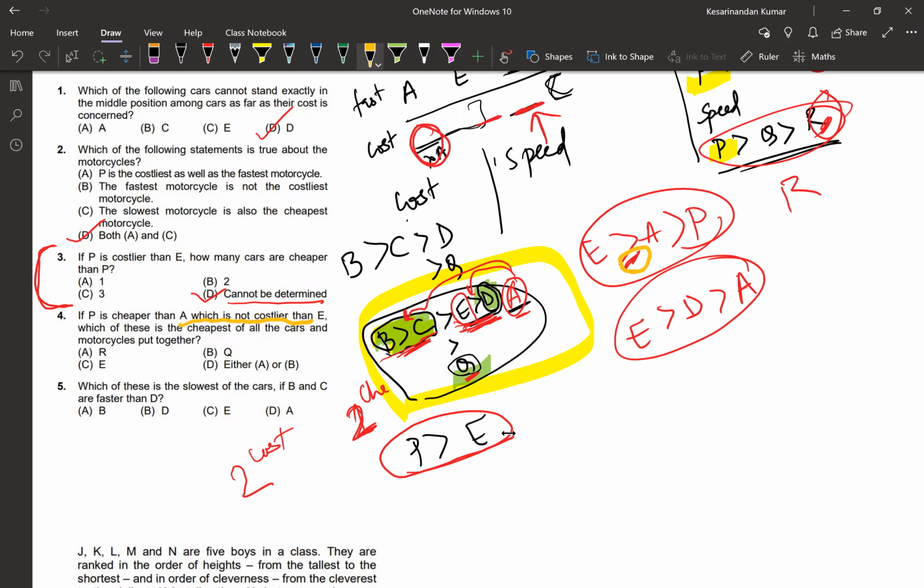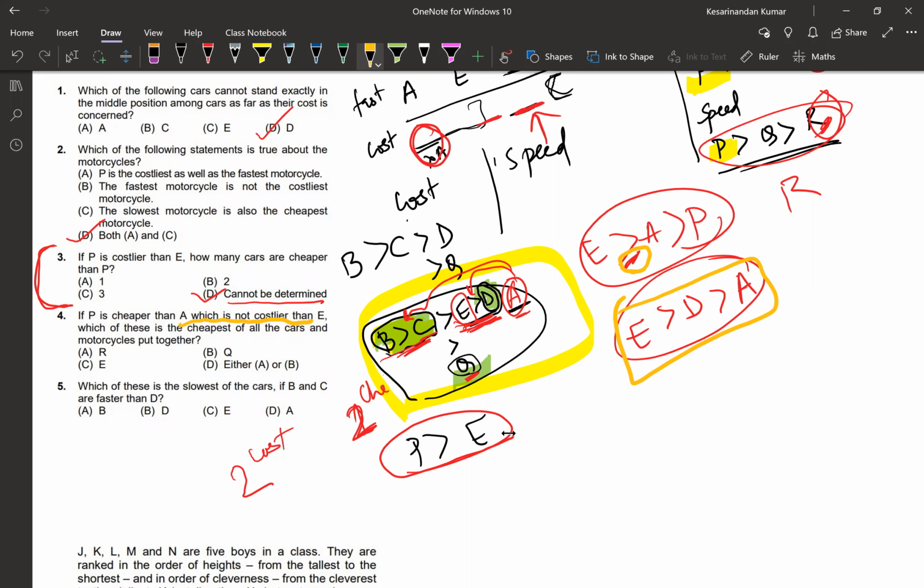If it was clearly mentioned A is cheaper than E, what you said was quite correct. This order completely made sense then. E will be costlier than D, and since there is no one present between A and D, A needs to be cheaper than D. Perfectly fine. And then we'll have P, Q, R because A is costlier than P.